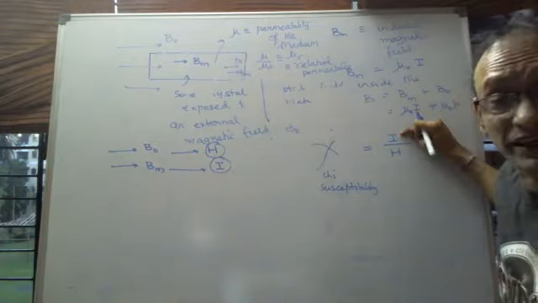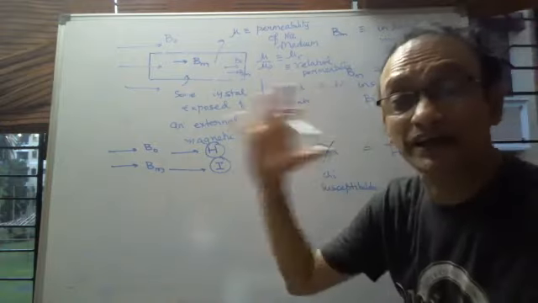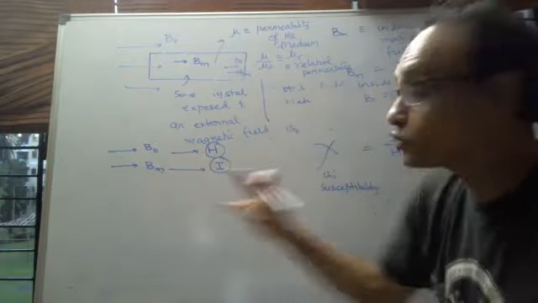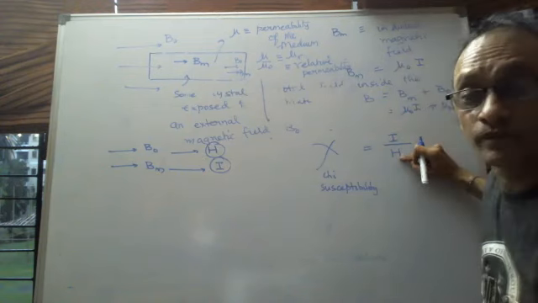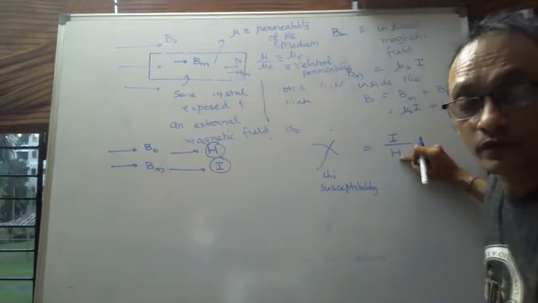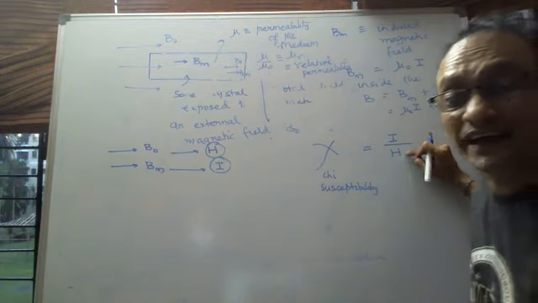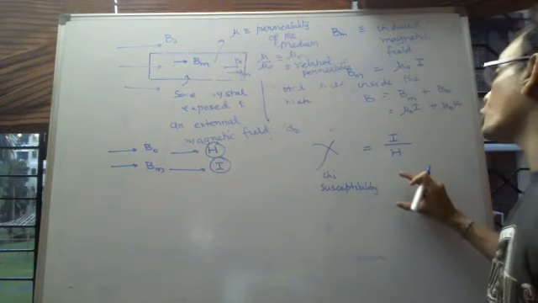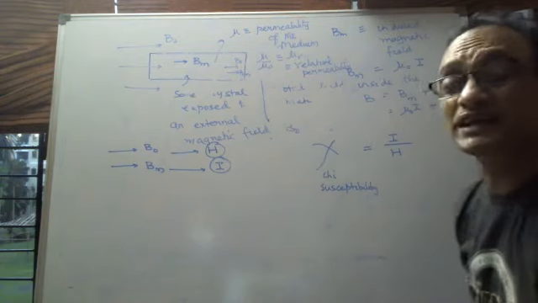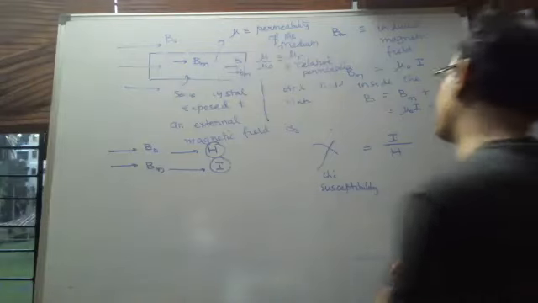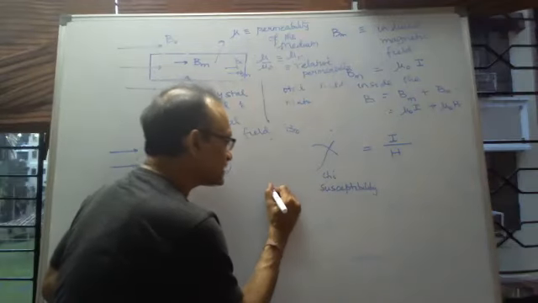The intensity of magnetization tells to what extent the material got magnetized, per unit intensity of magnetizing field H. This is called the susceptibility of the material, the magnetic susceptibility.